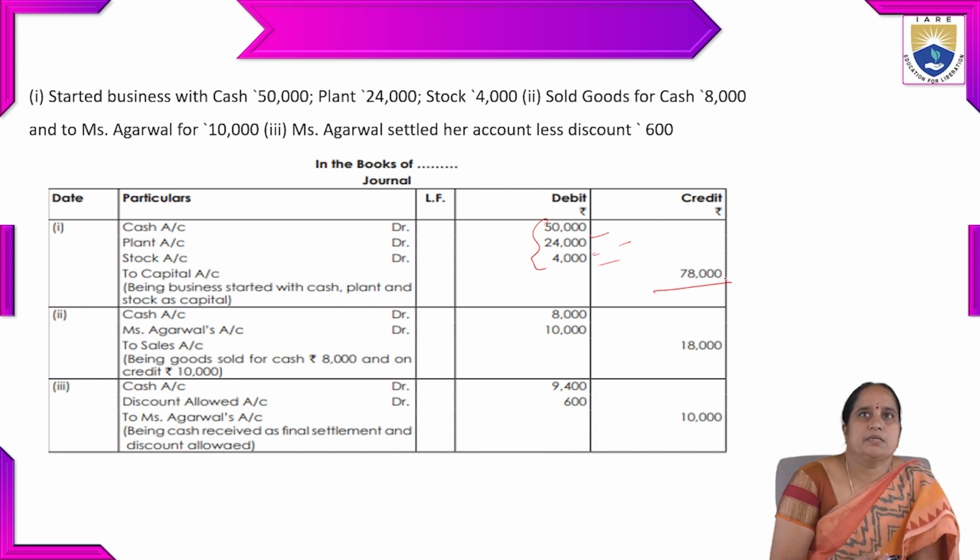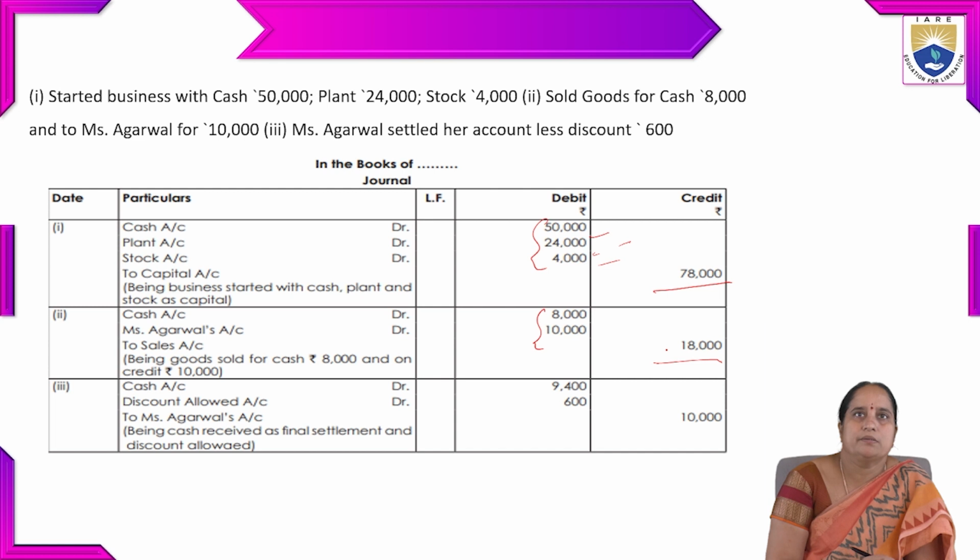And coming to the second one, goods sold for cash 8,000, that should be debited, and also to Miss Agrawal 10,000. As goods sold means it comes under sales account. So 8 plus 10, total 18,000, that is credited to sales account.